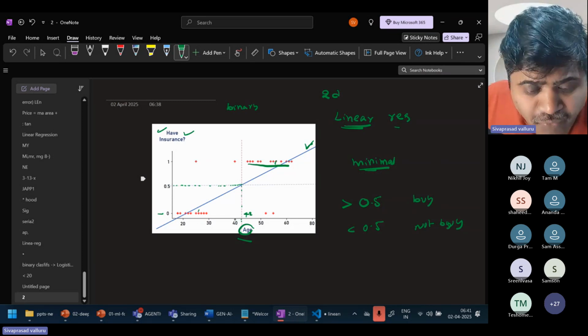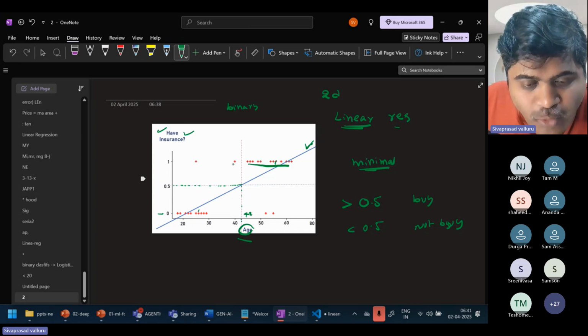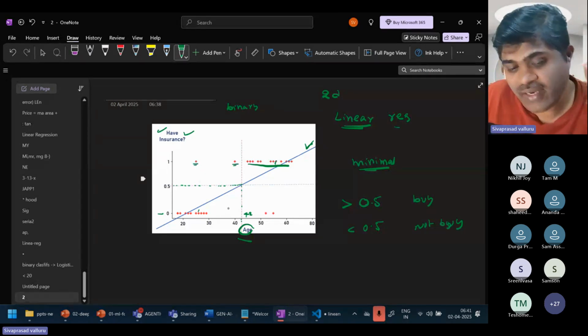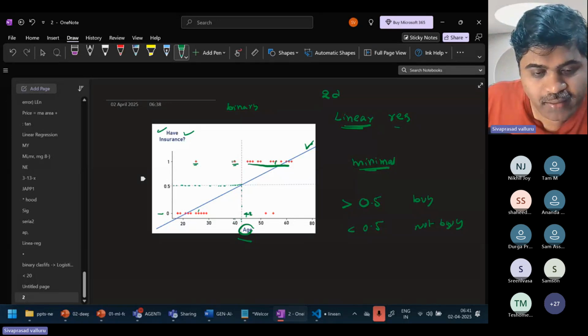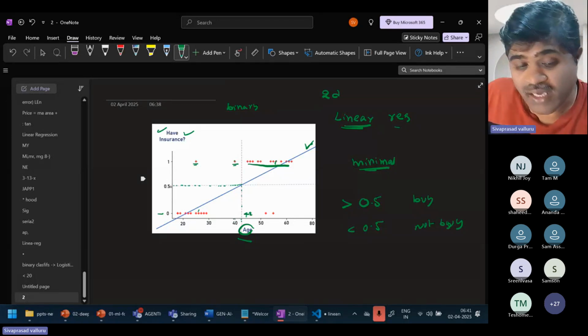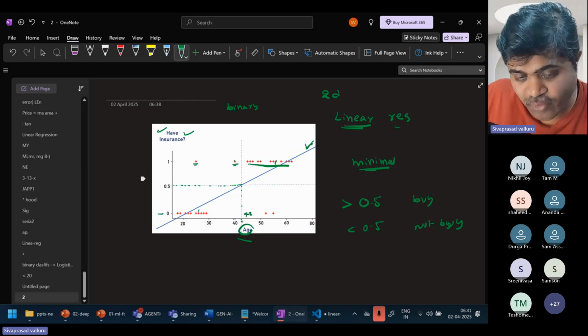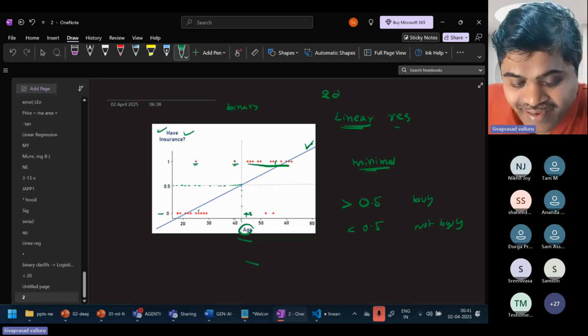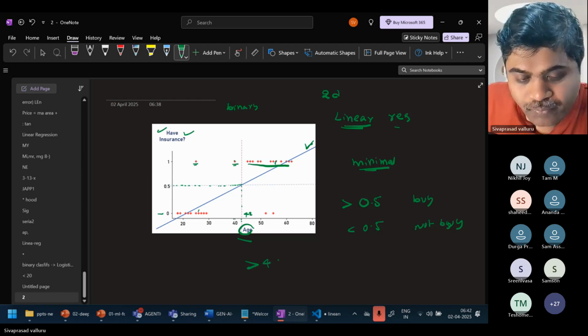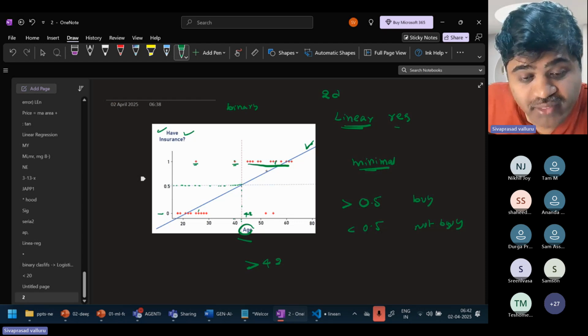But what about 40? There are some outliers in the data, right? Actually, according to the original data, a person bought an insurance at 40. But according to my logic, I have drawn a line at 0.5 and taken this 42. According to my logic, if the age is greater than 42, the value is always greater than 0.5 in this case, right?